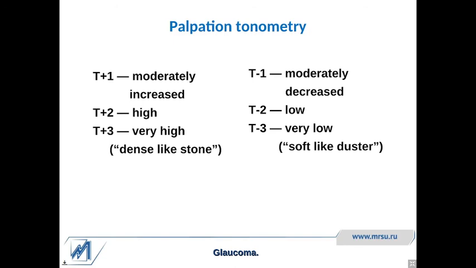When we check palpation tonometry, we use the letters T, tonometer, and +1 or -1 or +2, 3, -2, 3 when we feel the different pressure in the eye.